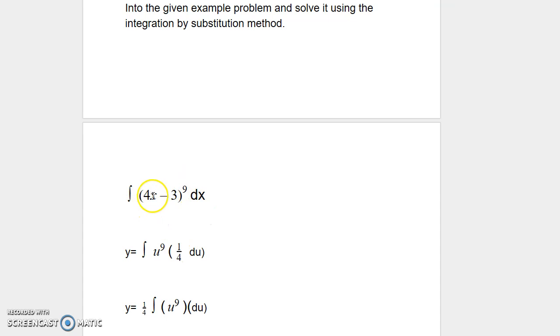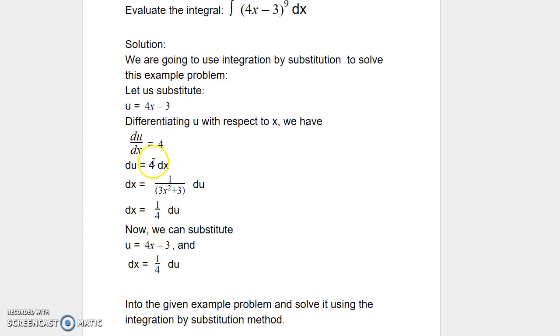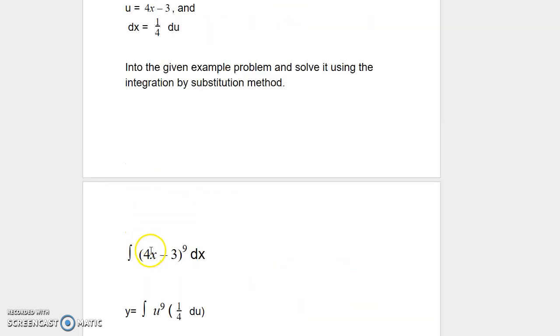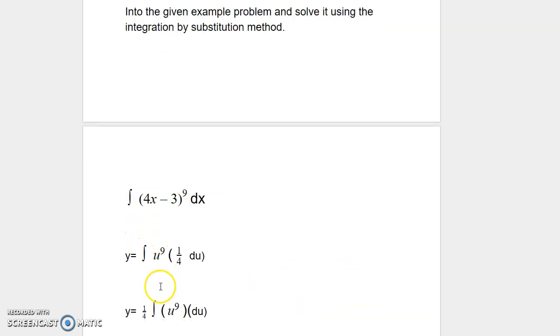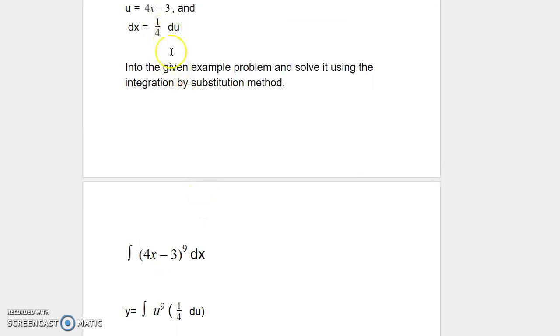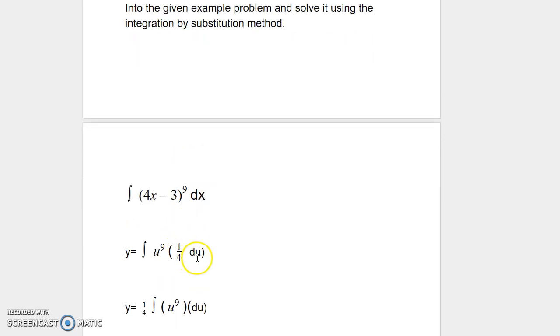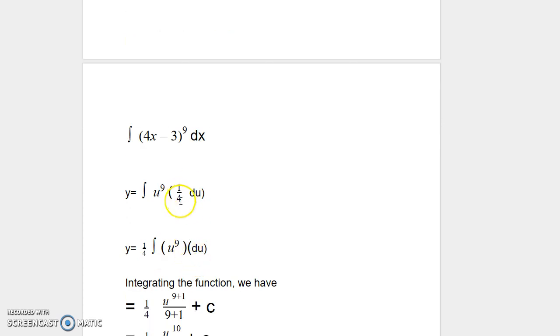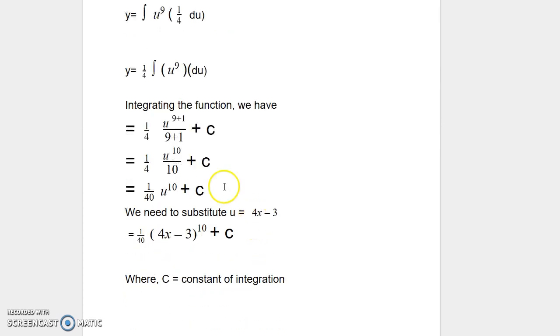So wherever we see 4x minus 3, we're going to substitute u, and we can therefore rewrite this as integral u to the power of 9 dx. We're going to write dx as 1 over 4 du, so u to the power of 9 times 1 over 4 du. Since 1 over 4 is a constant, we're going to take it outside of the integral: 1 over 4 integral u to the power of 9 du.